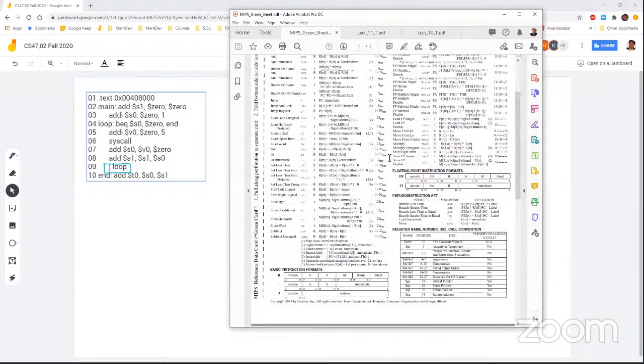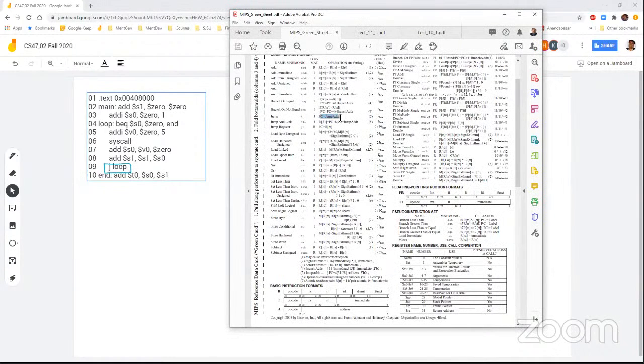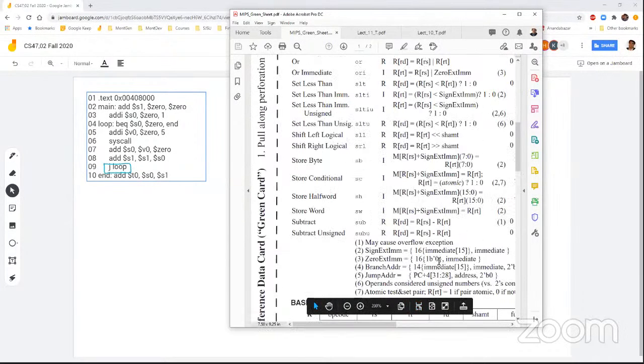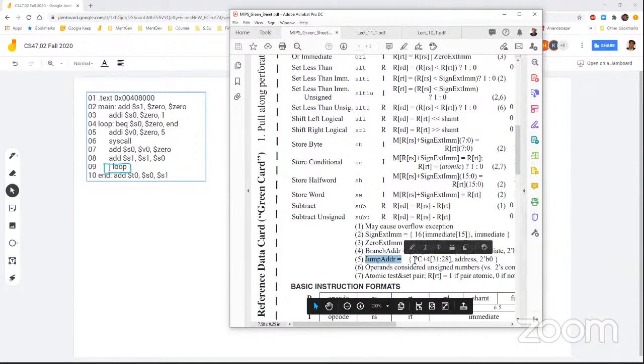The J instruction sets the program counter equal to the jump address, and the jump address is calculated like this: PC plus 4, picking up the 4-bit MSB, followed by the 26-bit address field, followed by 00. So 26 bits plus 00 is 28 bits, plus 4 bits from the PC, which is pseudo-direct addressing. It picks that up and makes the target address.